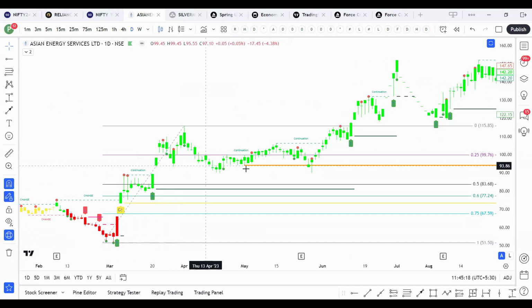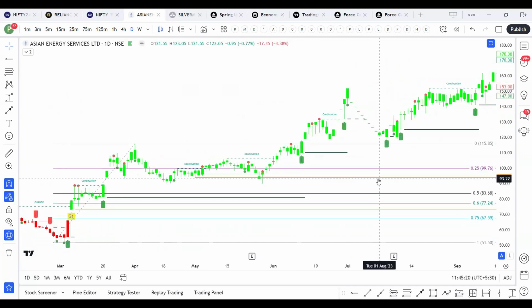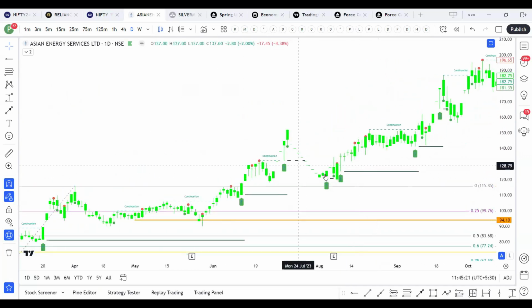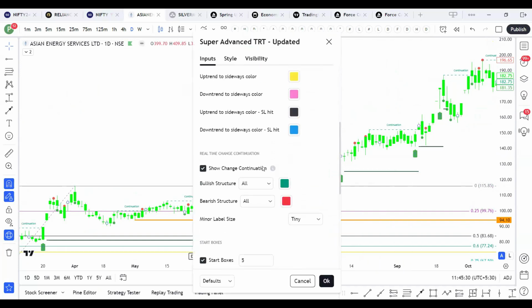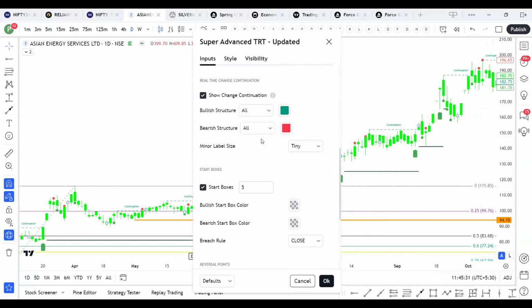So this was the initial buying area, it gave a retracement entry. After that, again here there is continuation, price came into this buying area, it gave a retracement entry. If you want to see the buying area, I will have to increase the number of boxes.